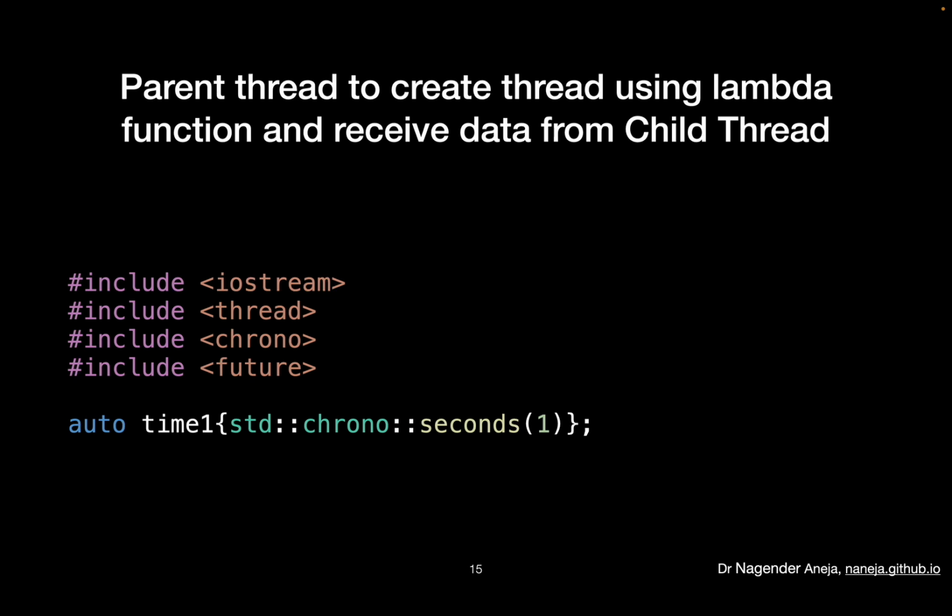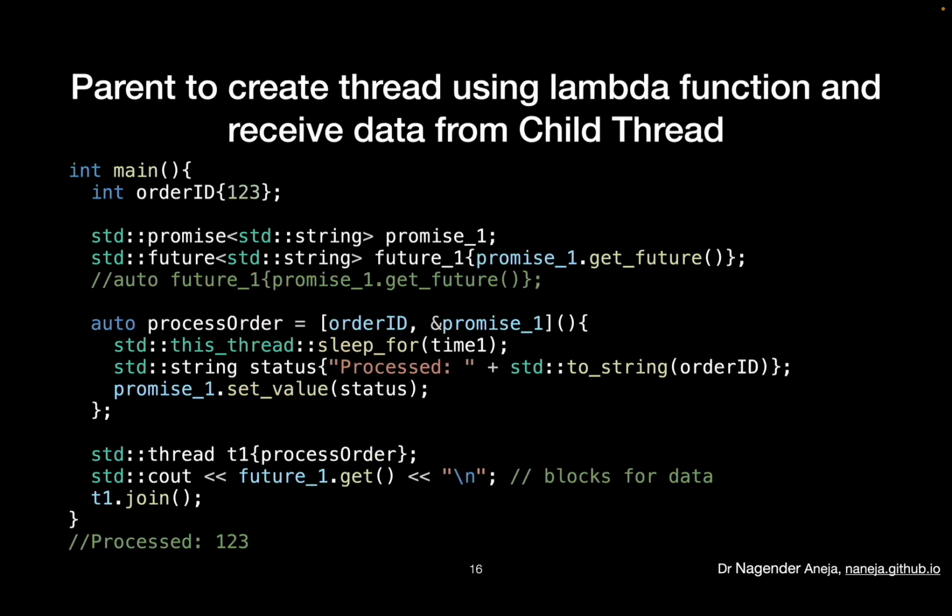To create a thread, we can use a lambda function as well. Instead of writing the order function, we can just have a lambda function. So here the process order is this lambda expression, and we are passing the order ID. Order ID has been captured, and promise one has been passed as a reference.